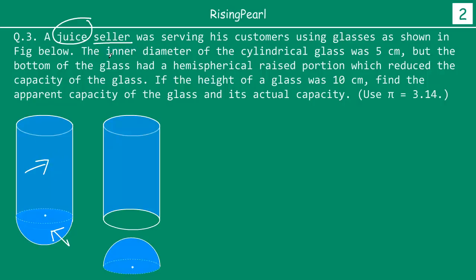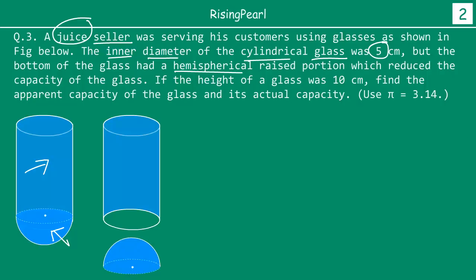This is the cylinder, and this is the hemisphere. The inner diameter of the cylindrical glass is 5 centimeter, but the bottom of the glass had a hemispherical raised portion which reduced the capacity. So instead of the glass having a hemisphere like this, it has a hemisphere which is upside down.